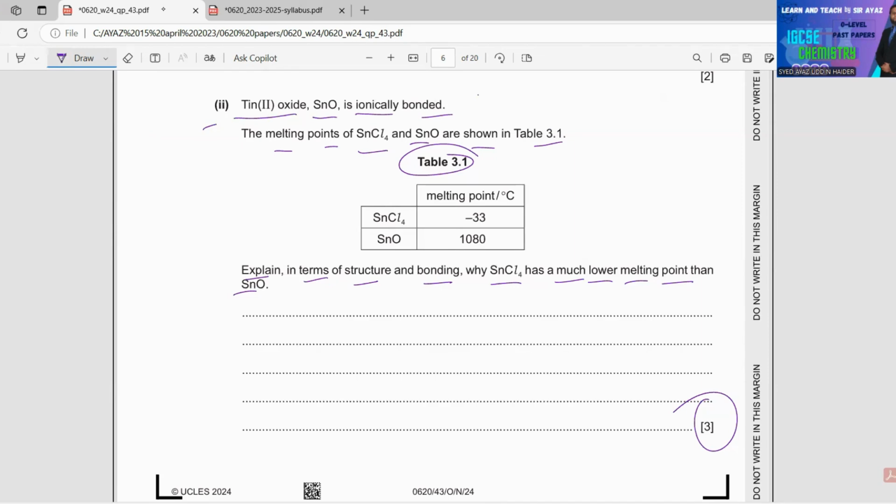For example, if you are writing for SnCl4, looking at the melting point, it's a simple molecule having intermolecular forces, or attraction between molecules, in SnCl4. Then you can write the attraction in SnCl4 is weaker.